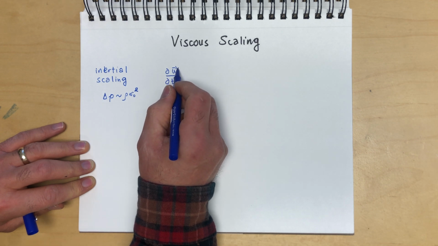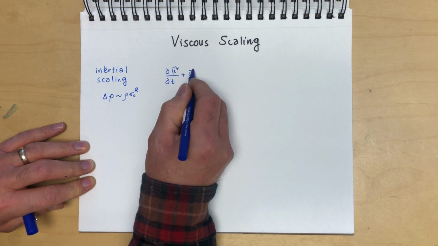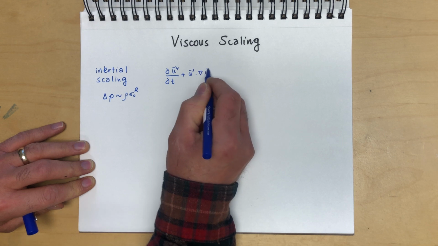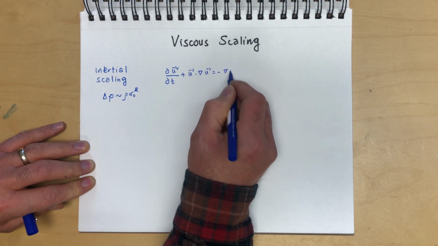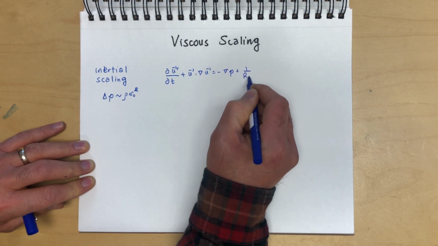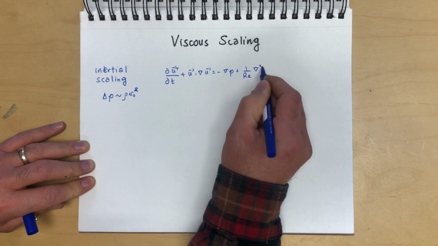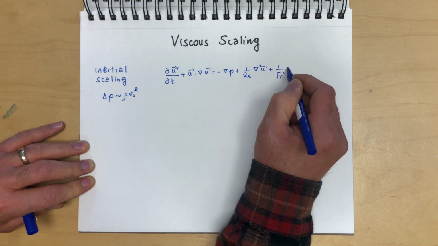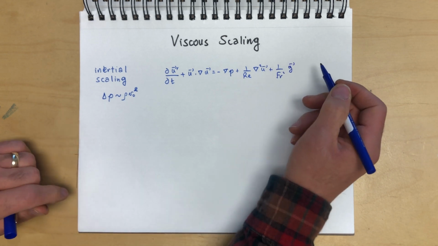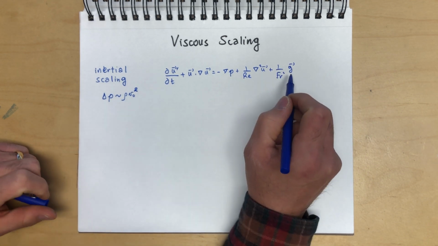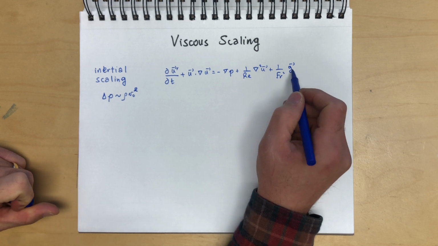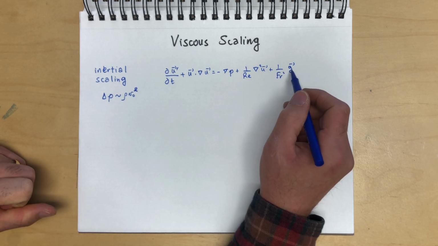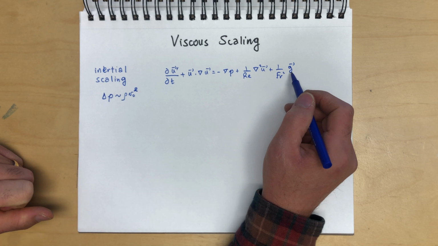And I'm going to drop the star term just for simplicity. U dot grad U equal minus grad P plus 1 over the Reynolds number del squared U plus 1 over the Froude number squared G. G over here is essentially a direction vector for the gravitational component.